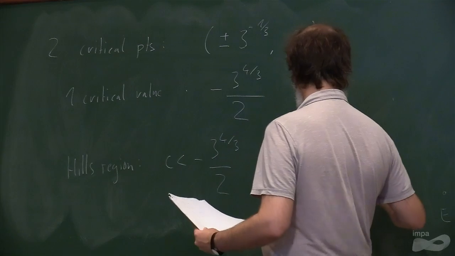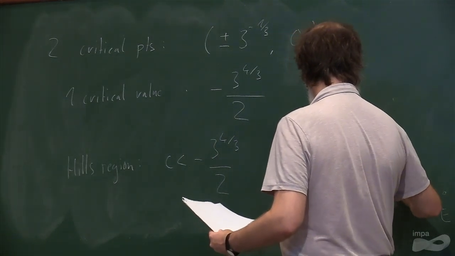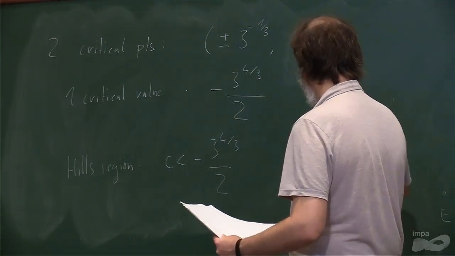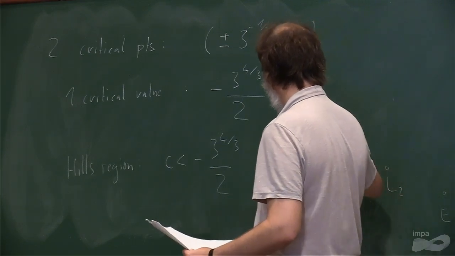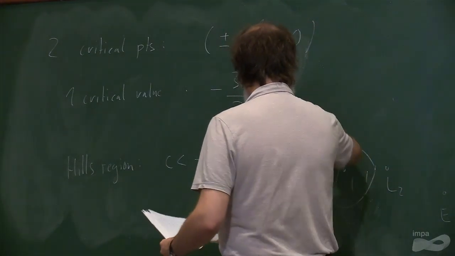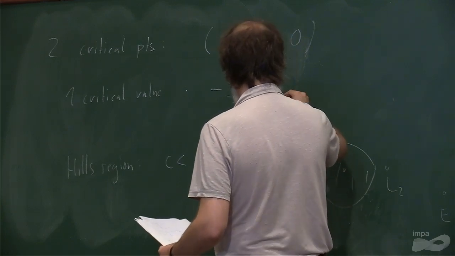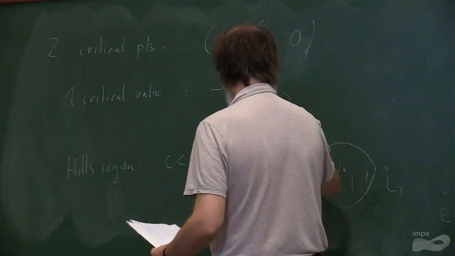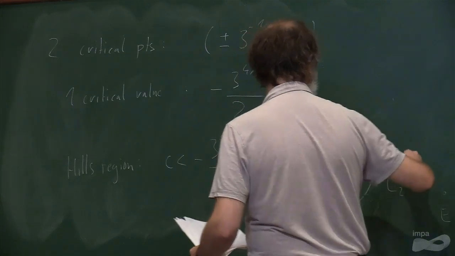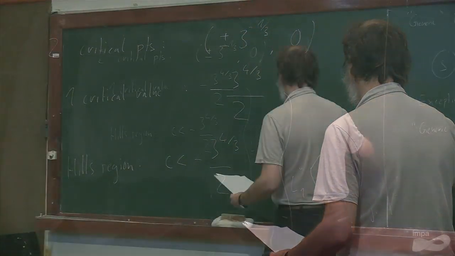Here we have these two, L1 and L2, and here is our Hill's region, and then we also have two unbounded components.